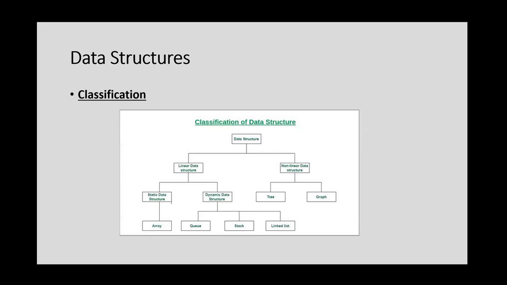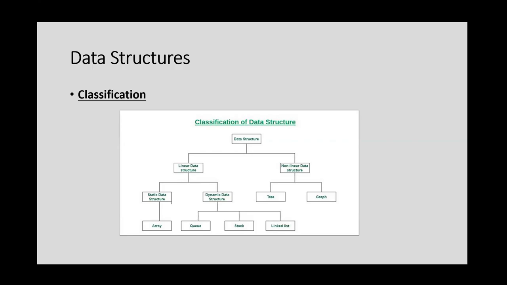Now, to broadly see the classification of data structures, we have two types: linear data structures and non-linear data structures. Linear data structure, as we have already learned, means you are organizing the data so that it can be easily accessed and used efficiently. If I store the data linearly, one after another in a contiguous memory location, then it is a linear data structure.